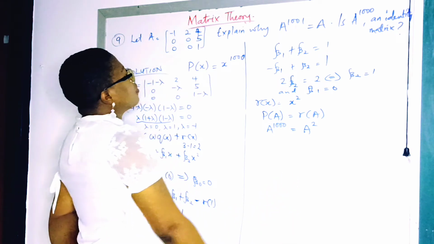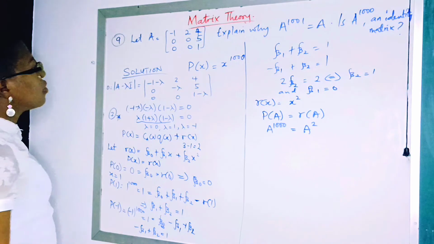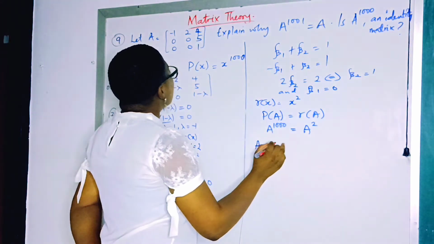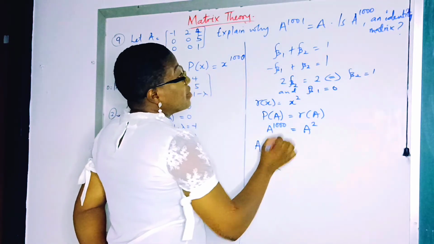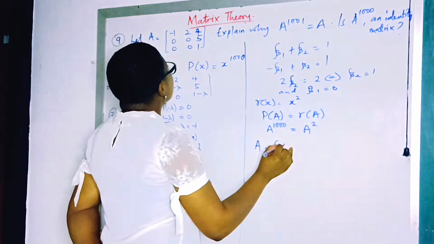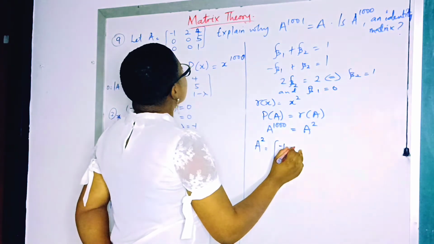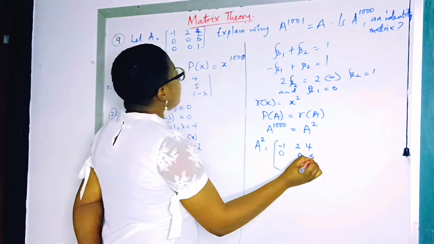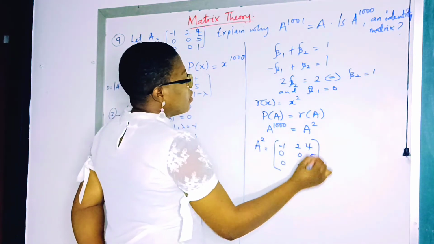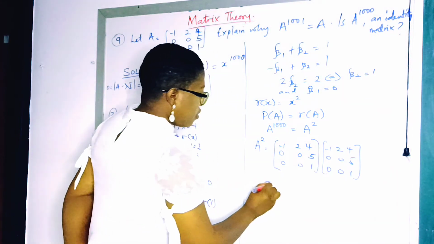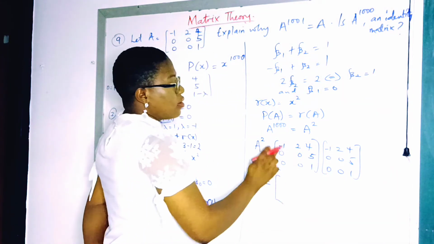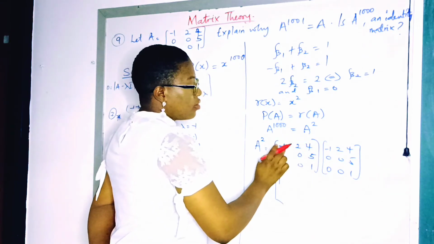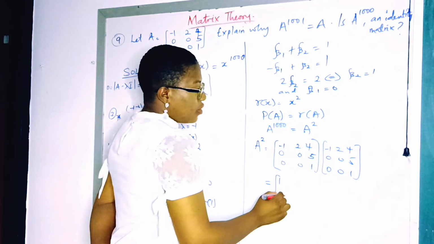But how are we sure that it's equal to A? We are not sure. What is A squared? We need to compute A squared. A is the matrix they gave, with minus 1, 2, 4 in the first row, and so on. I'm copying from here, times itself again. This times this gives me 1, all this will give me 0, this times this gives minus 2.